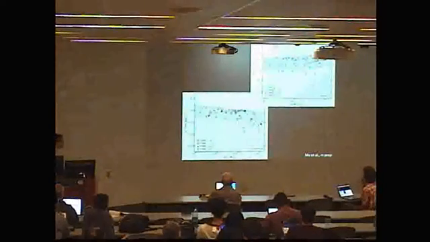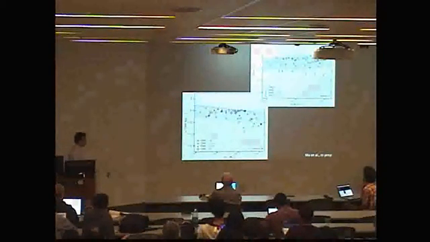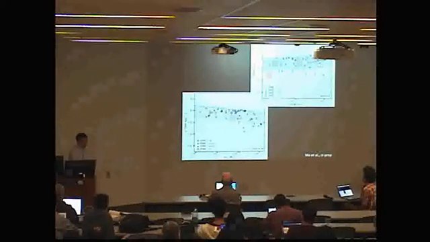So this is our prediction of metallicity gradient versus stellar mass and metallicity gradient versus specific star formation rate. There's a weak trend here, probably because feedback is very efficient in dwarf galaxies and in galaxies with high specific star formation rate.